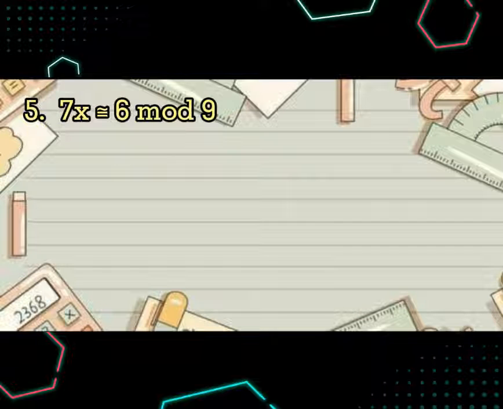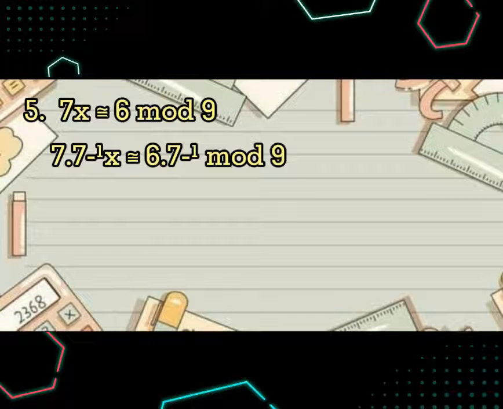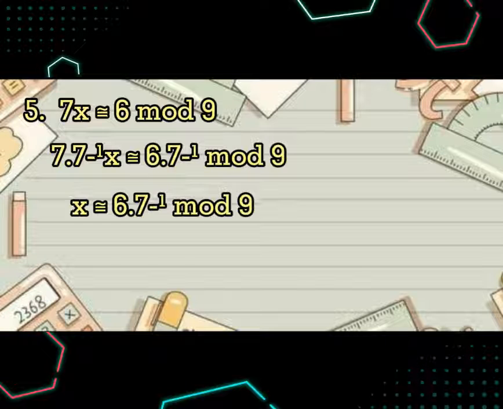Our fifth step is to multiply by the multiplicative inverse of a. 7x is congruent to 6 mod 9. 7 times 7 inverse x is congruent to 6 times 7 inverse mod 9. Cancel the 7 times 7 inverse, so we get x is congruent to 6 times 7 inverse mod 9.